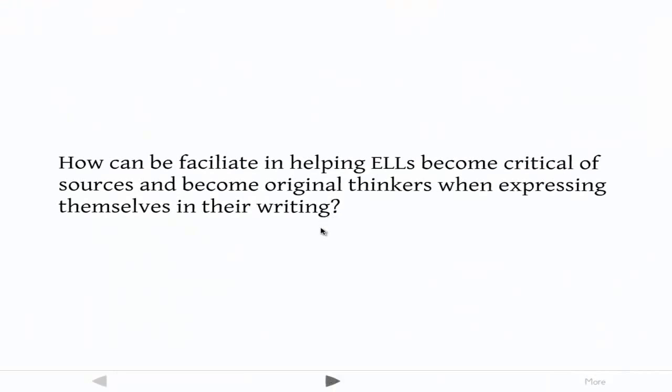How can we help English language learners become critical of sources and become original thinkers when expressing themselves in their writing? It's being able to look at an online source, an author, even a published book, understand the prospective audience, and distinguish between a source that's going to help them form their argument and one that's not.